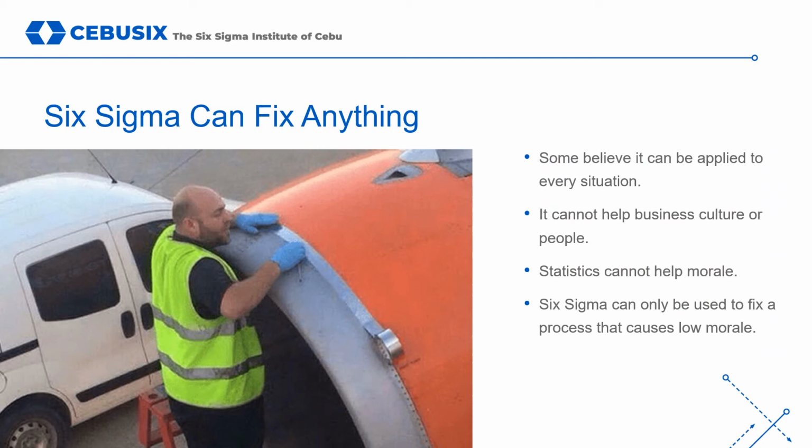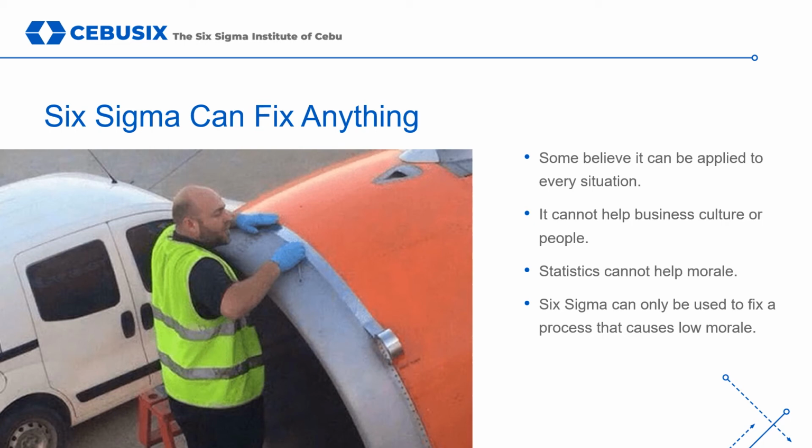Then there are those that insist that Six Sigma can fix anything. Opposite to the naysayers are the Six Sigma cheerleaders who believe they can apply the method like a salve to any problem. While Six Sigma can be applied to any process related problem, it is not always relevant to problems of culture or people.